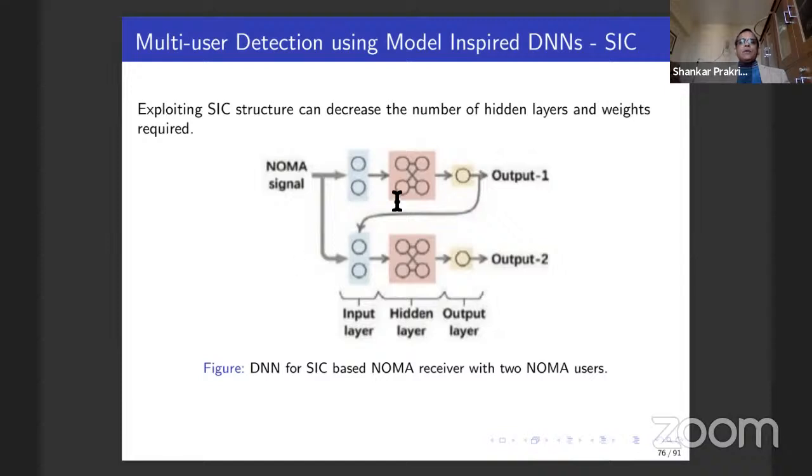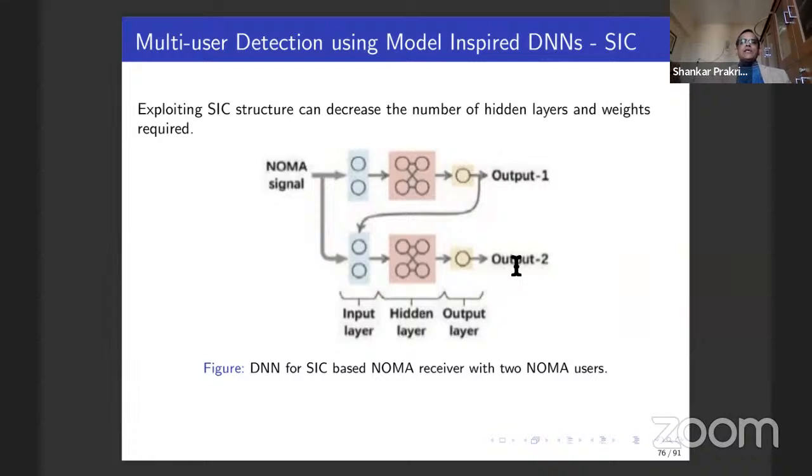In this example, you have an input layer, a hidden layer, and then an output layer. This output is fed back and you cancel it. When you do training, the weights used in each of these layers get automatically picked, and you're able to get the two outputs.